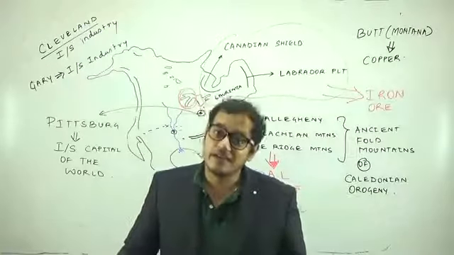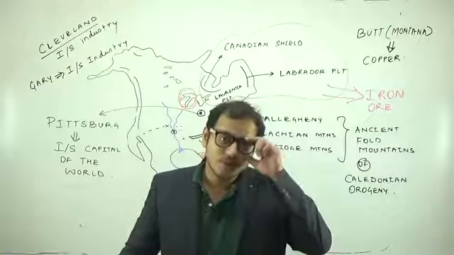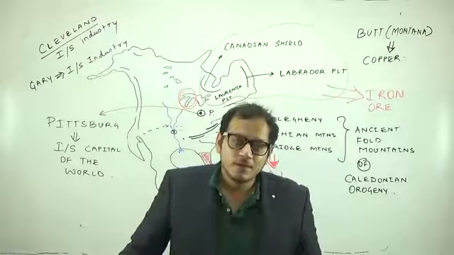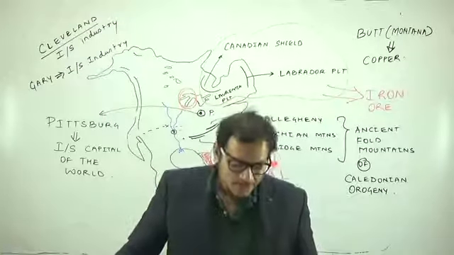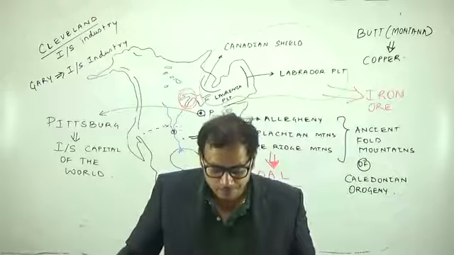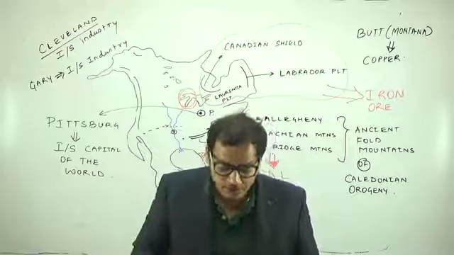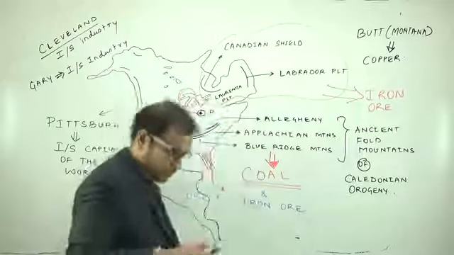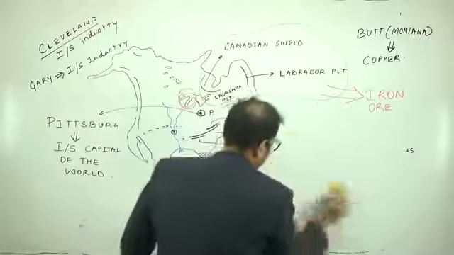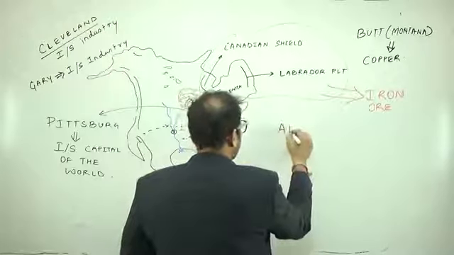Detroit, we have already done. I am again repeating that it is famous for cars. Which is the Detroit of India? Chennai is the Detroit of India. While there is one more important city which is located here, Akron.